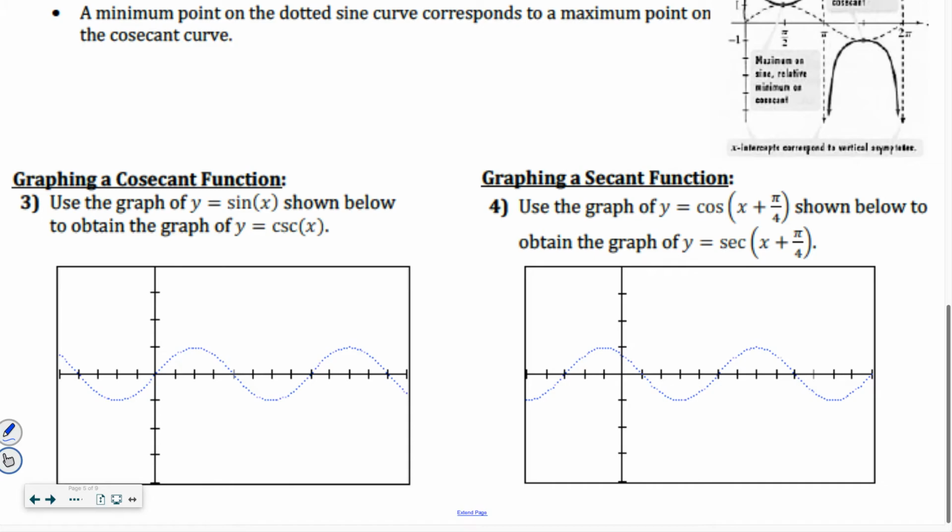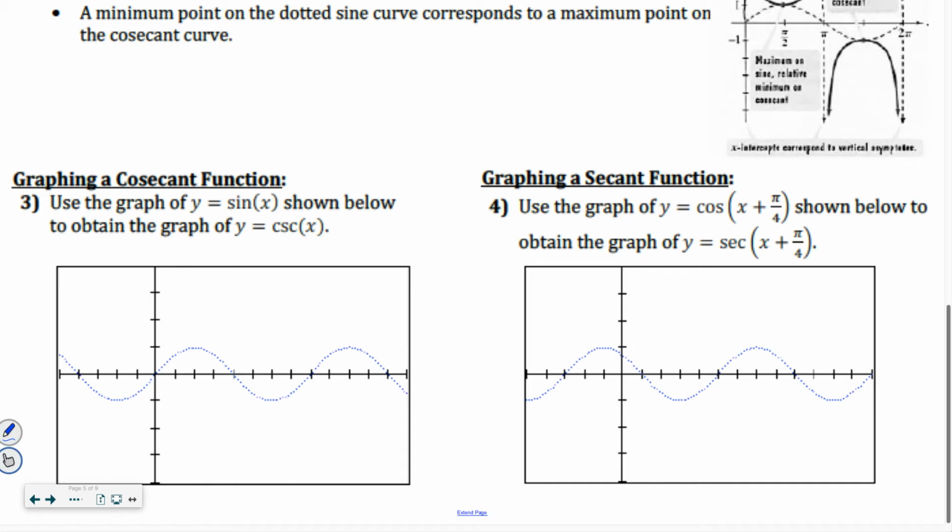Yes, James? So would you just graph the sine of whatever it is with the shifts and stuff? Yes. So how do sine and cosecant relate to each other? Cosecant is the reciprocal, 1 over sine. So when sine of x is equal to 0, what is cosecant of x? It doesn't exist, right? 1 over 0 is undefined.